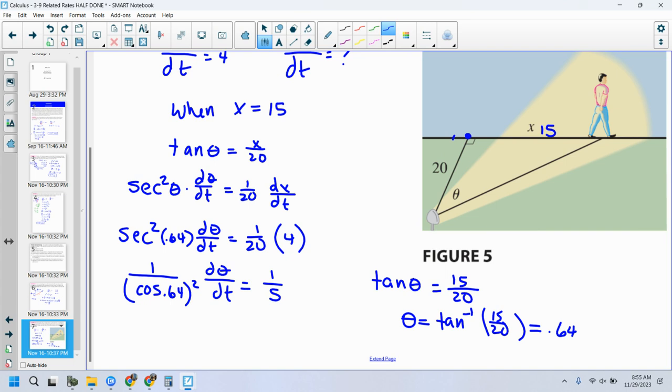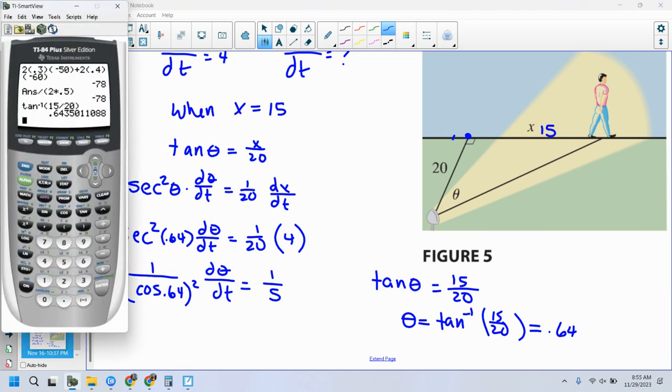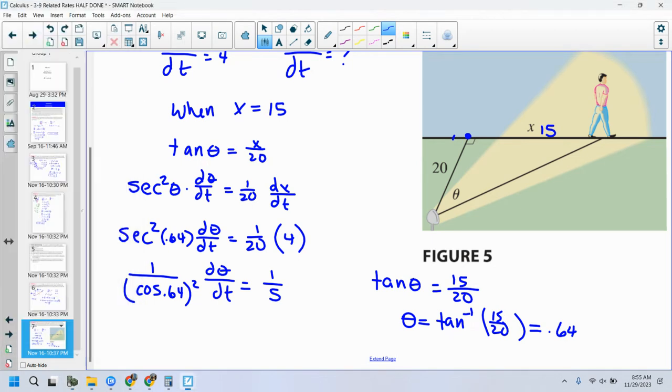So really, all I need to do is take 1/5 and multiply by cosine of 0.64 squared. Let's do that. There it is. 0.13.